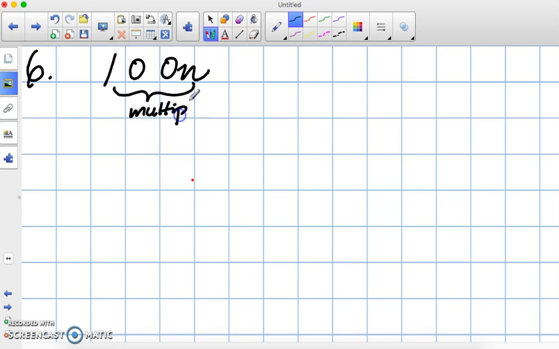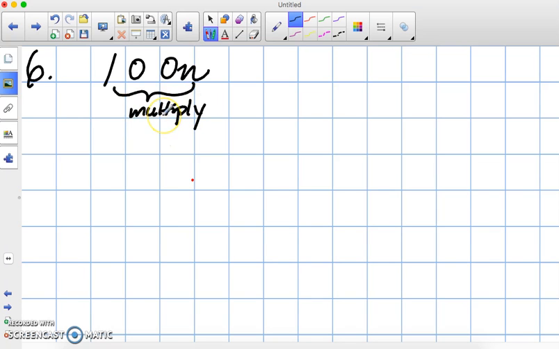We actually try to avoid in algebra using the multiplication symbol because that often can be mistaken for the variable x. So always assume when you have a number attached to a letter, you usually assume it's multiplication.